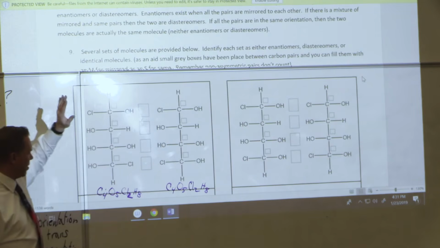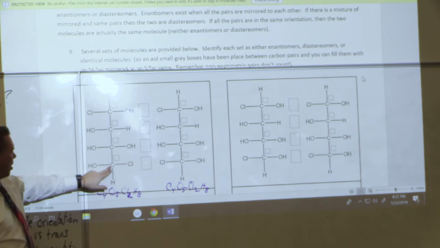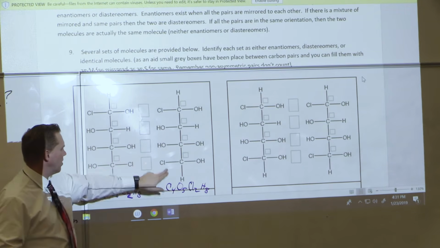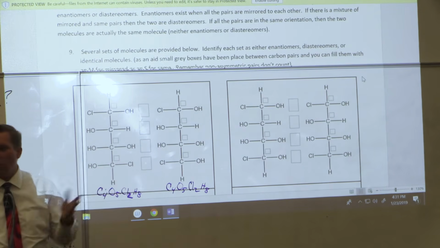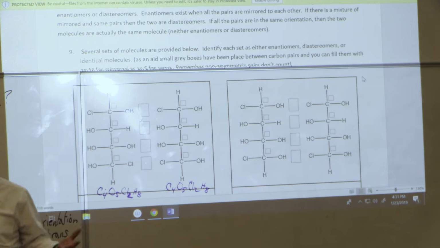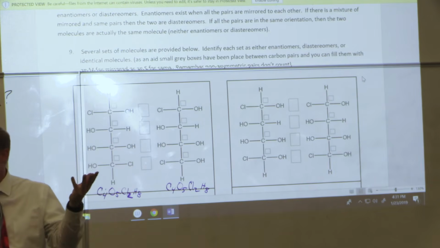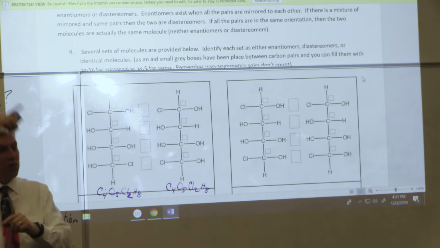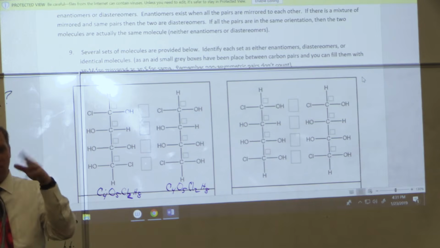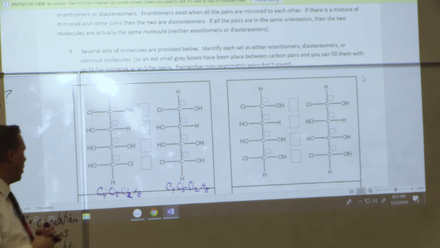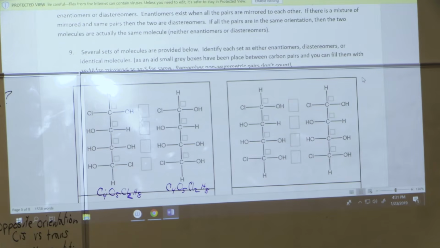These two are already determined to be the same. And my fourth carbon, I've got an OH and a Cl. I've got an OH and a Cl, hydrogen at the bottom. These both have the same bonding arrangements. Every carbon is attached to the same type of molecule. It may not be the same rotation around the carbon, but it's attached the same type of elements on every carbon. So that's step 2.